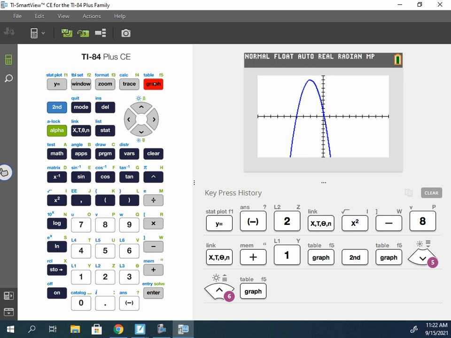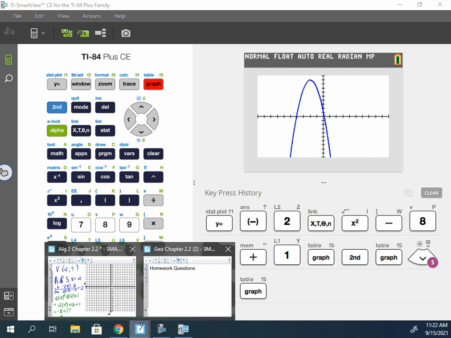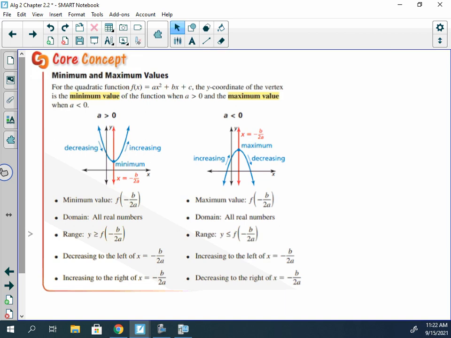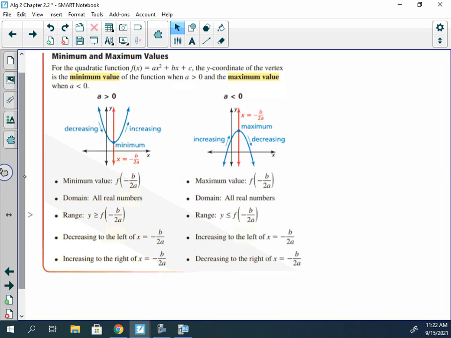Okay. So we're going to go back to the note sheet. Now we do have some different features here that aren't written down, but they are listed up here. We have the maximum and minimum value, the domain, range, increasing and decreasing.